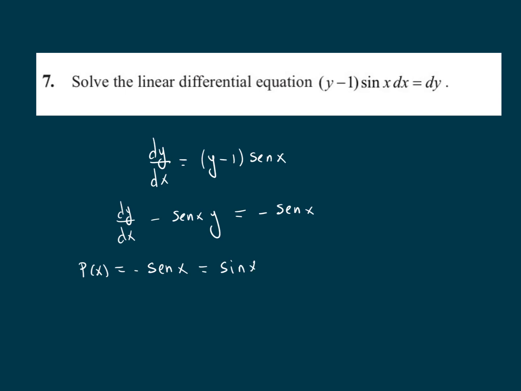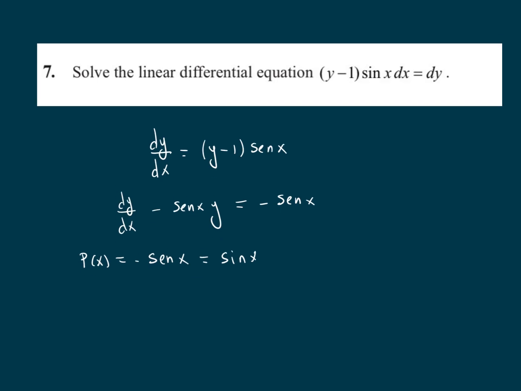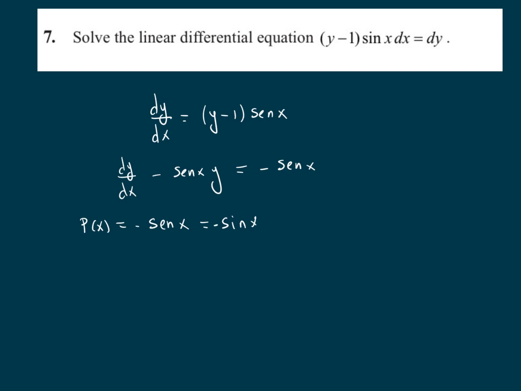Okay. So what is the integrating factor? The integrating factor mu of x is e to the integral of p of x dx. So it's e to the integral of minus sine x dx. And what is the antiderivative of sine x?